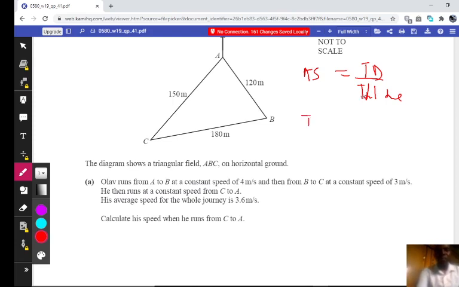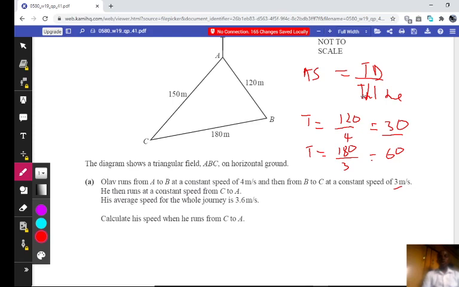So what was the time? You just say 120 over 4, which is 30. So it took 30 seconds. Then on the second lap, time is 180 over 3, which is 60 seconds.